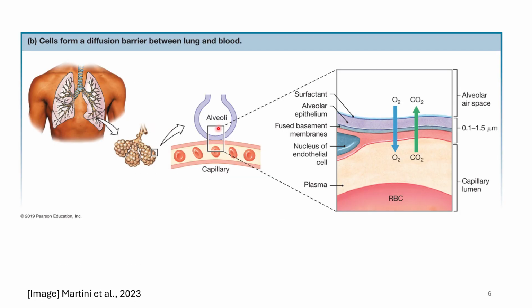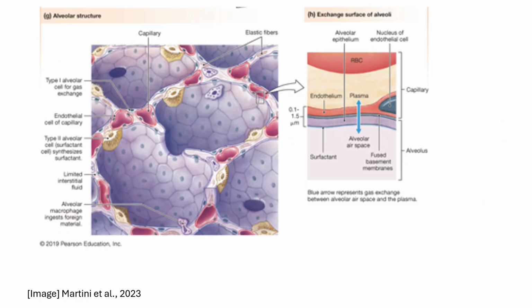Right here, this is the alveoli and this is the capillary. As you can see, this is the alveolar epithelium. This is the capillary endothelium, and this is the capillary itself. Here we were talking about the type 2 alveolar pneumocytes, which produce surfactant.